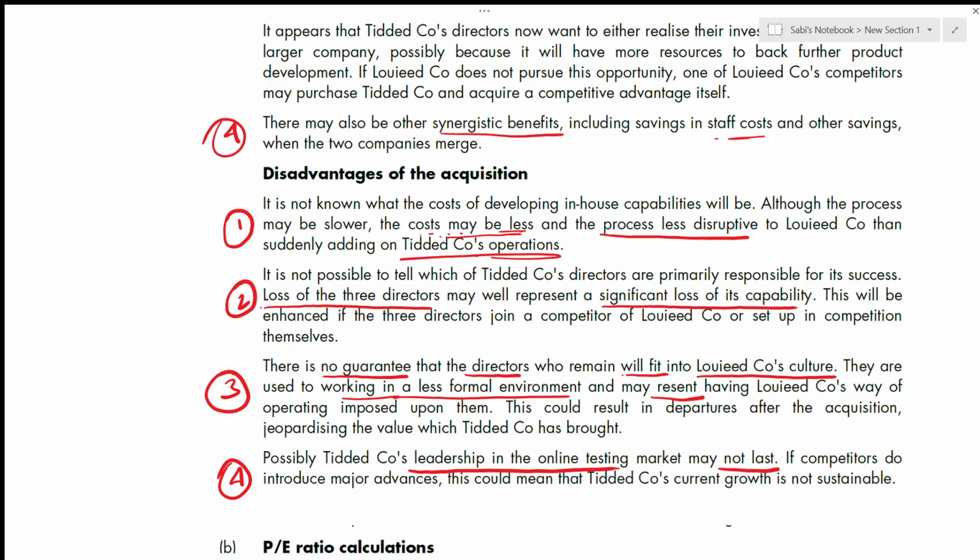What has worked yesterday might not work today, and what works today might not work tomorrow, right? So you need to be careful about that too. If competitors do introduce major advances, this would mean that TDET's current growth is not sustainable, right?